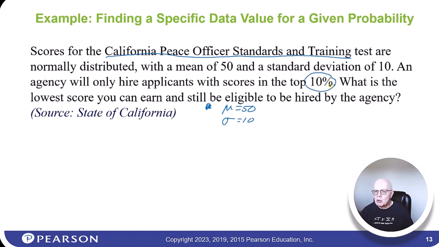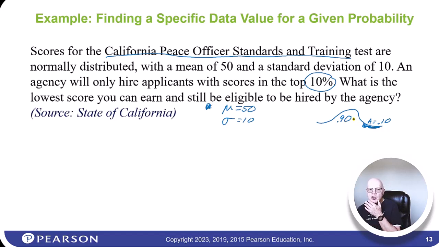Okay, are you confused? Draw a picture. Where's the top 10%? Top 10% is up here. What does that mean? You've got an area up here of 0.10. What's the area in the rest of it? Well, the area in the whole thing is 1, so the area here is 0.90.